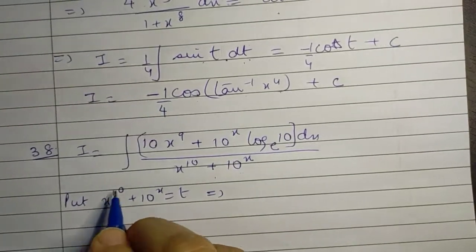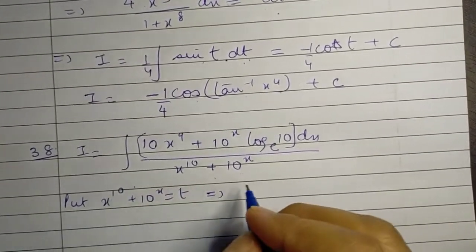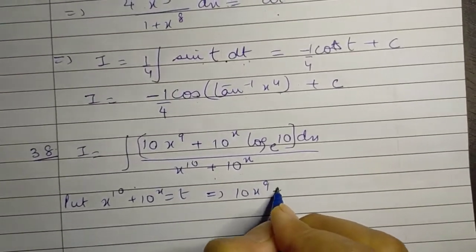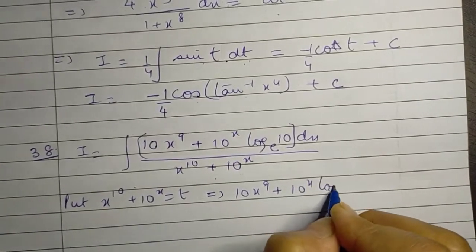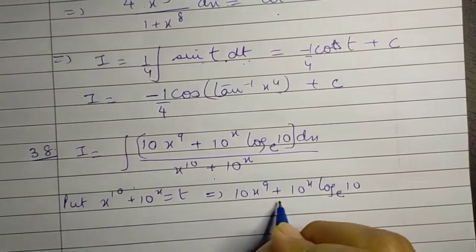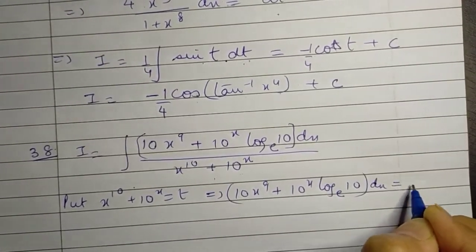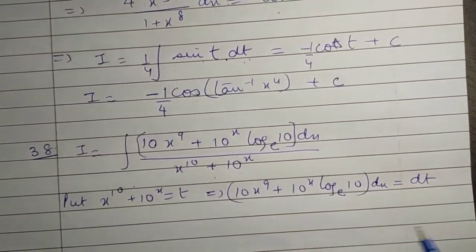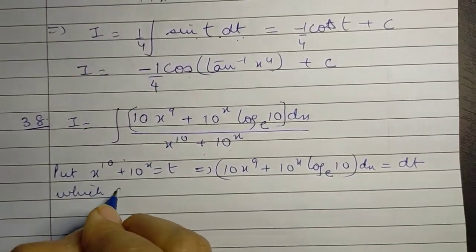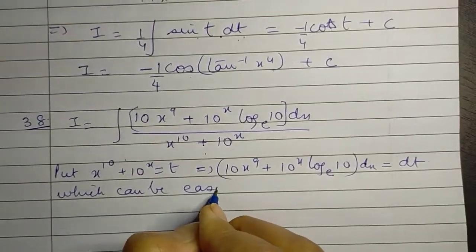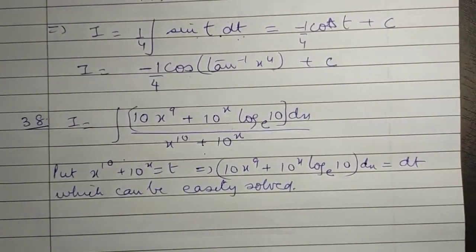So we get derivative of x raised to 10 is 10 x raised to 9 plus derivative of 10 raised to x is 10 raised to x log 10 to the base e, whole into dx is equal to dt, and then you can easily solve it. Okay, now simply substitute and get the result.